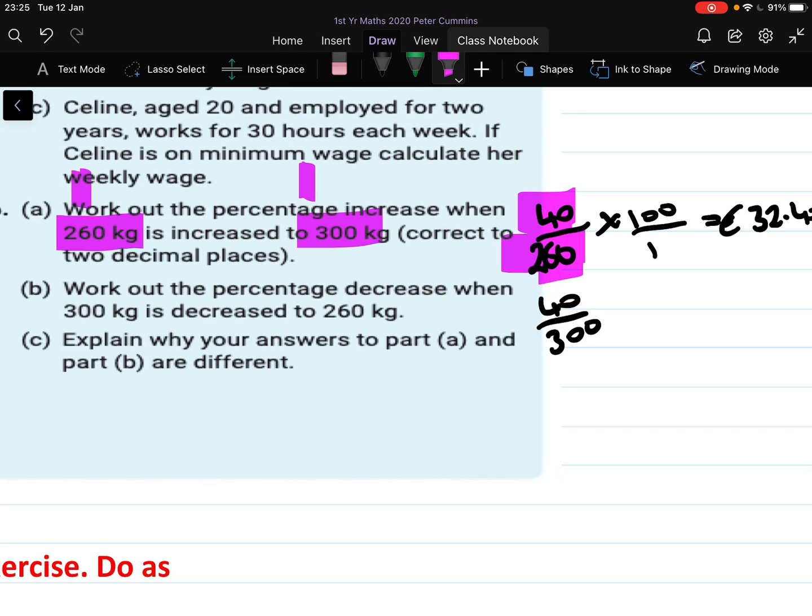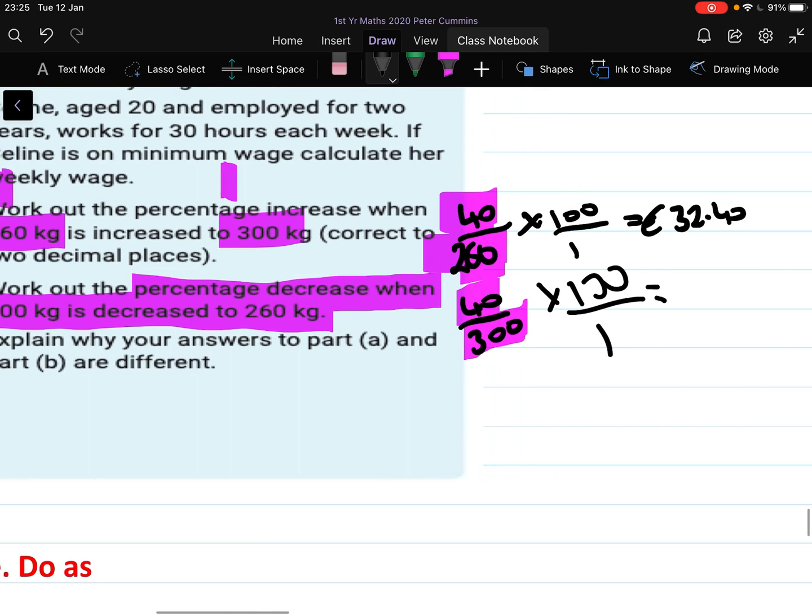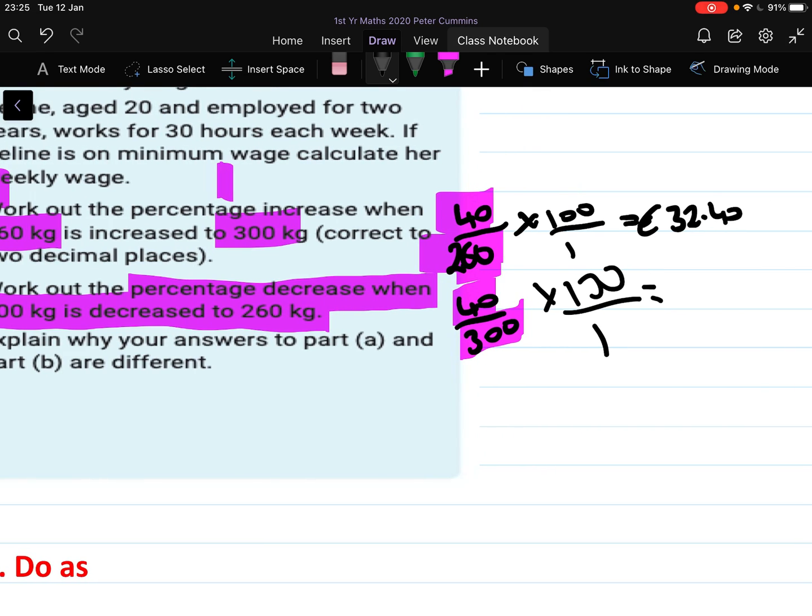But when we're looking at the percentage decrease, going from 300 to 260, our number up here is still 40. The difference is still 40, but our original number is 300. So we multiply that by 100 over 1, and that is going to be equal to around about 13.3%.